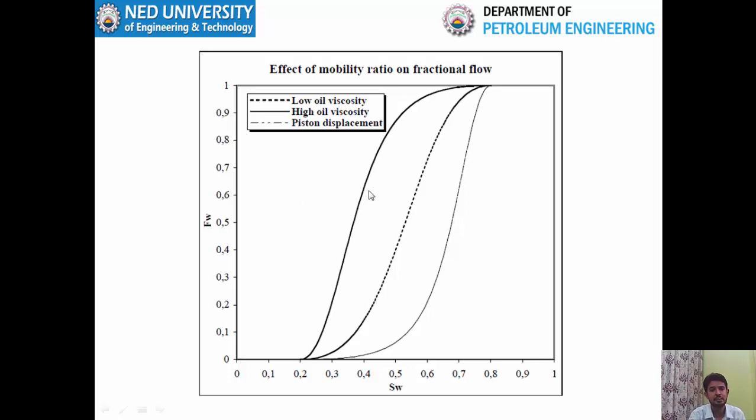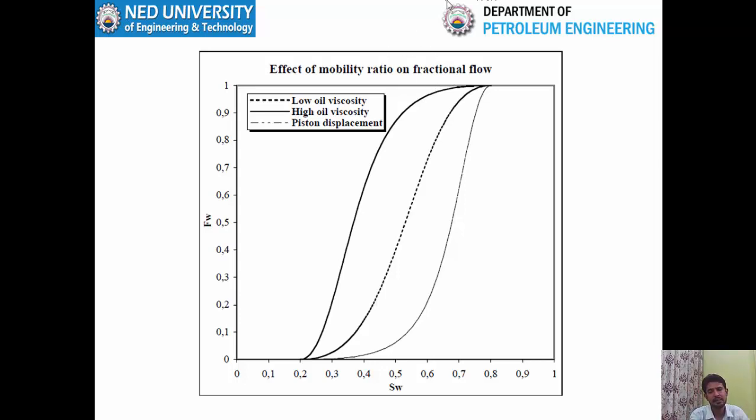SWF is the saturation of the waterfront, the saturation with which the waterfront moves inside the reservoir, and SW bar is the average saturation of water behind the waterfront.